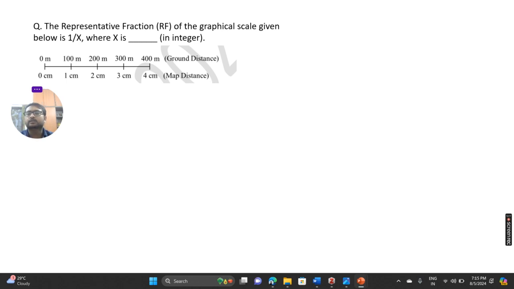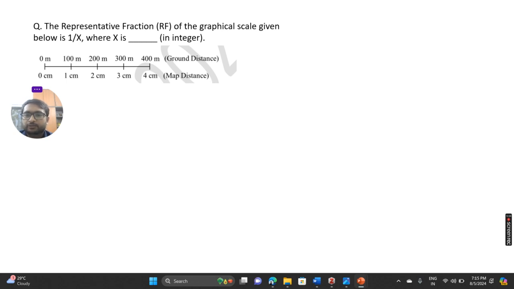Here one particular figure is given, which is showing the scale. You have to find the value of x: if we find the scale of this particular figure, what will be the value of x? First I will give you 2 minutes, just try to do it by yourself.